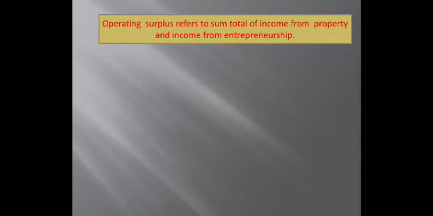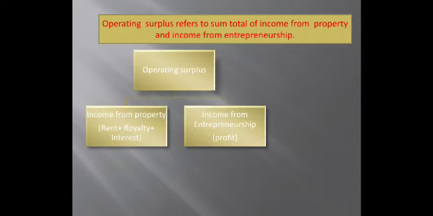Now let us discuss the second component, that is operating surplus. Operating surplus refers to the sum total of income from property and income from entrepreneurship. Income from property includes rent plus royalty plus interest, and income from entrepreneurship is the profit of an enterprise.